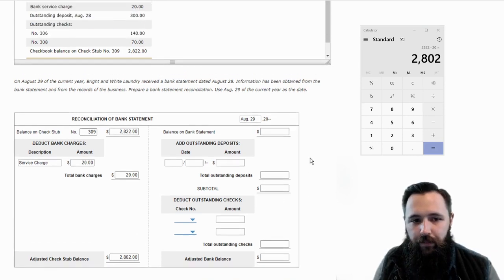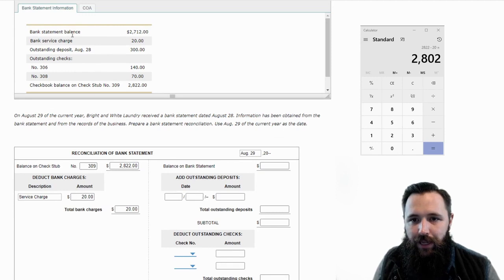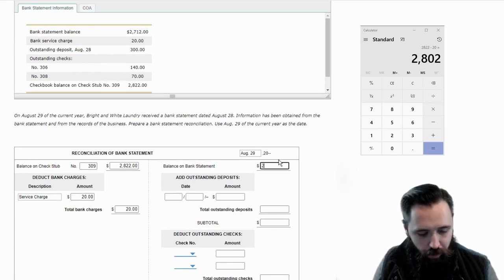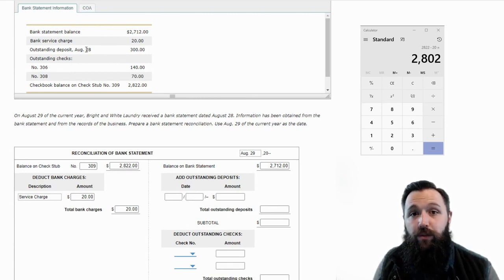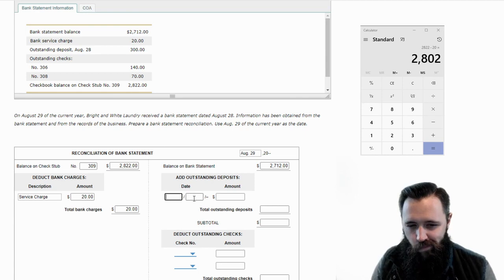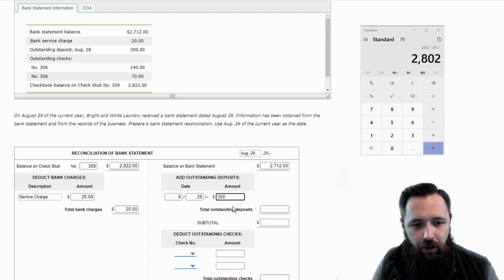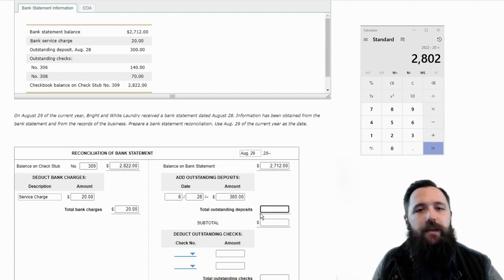Not too complicated. Next, let's look at the balance on the bank statement. Bank statement balance is $2,712. Let's add any outstanding deposits. So it looks like we have an outstanding deposit from August 28th. What's the amount? $300. So what's the outstanding deposits?